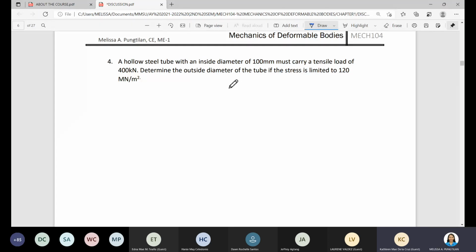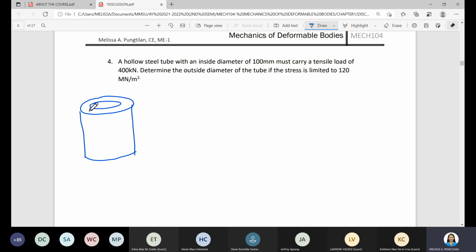For example number 4, a hollow steel tube with an inside diameter of 100 mm must carry a tensile load of 400 kilonewton. Determine the outside diameter of the tube if the stress is limited to 120 meganewton per square meter. So, meron daw tayong hollow steel tube. So, kung hollow steel tube, hollow sa loob. So, meron tayong tube.